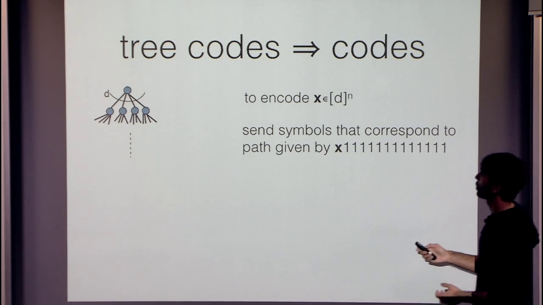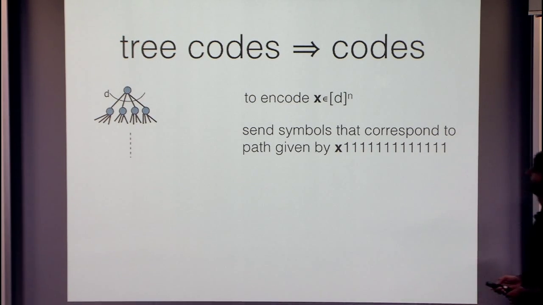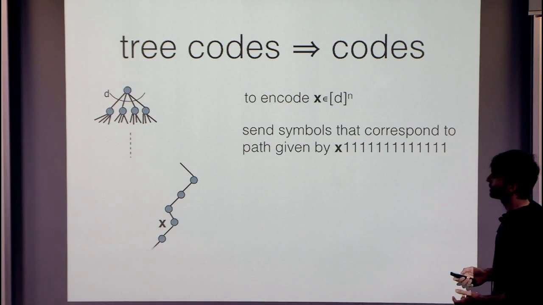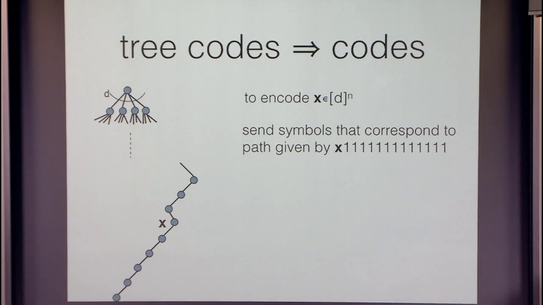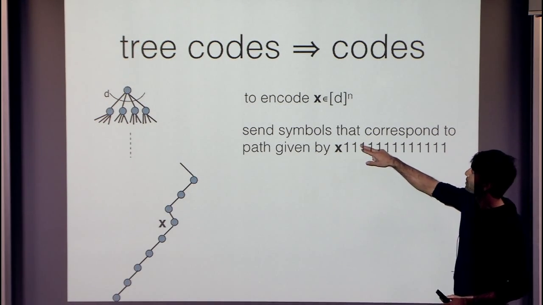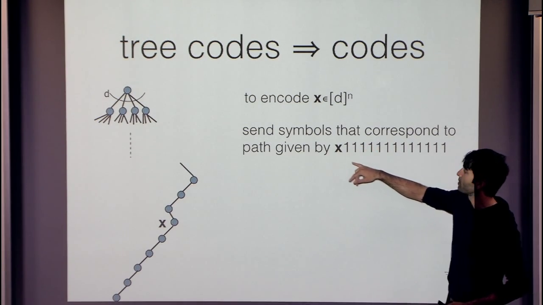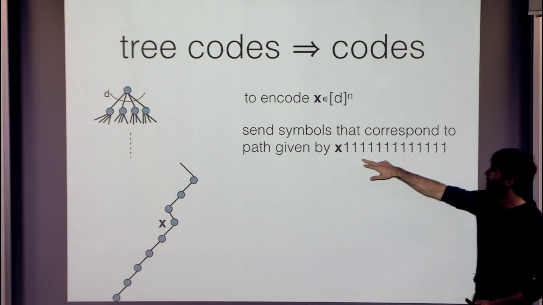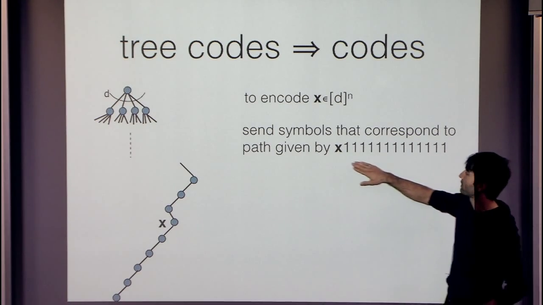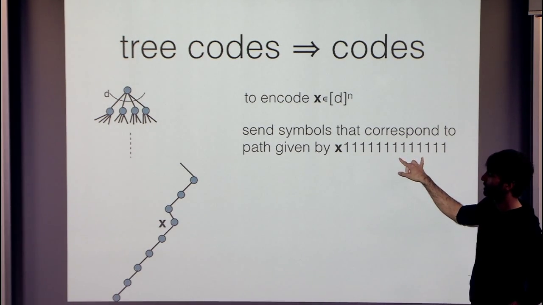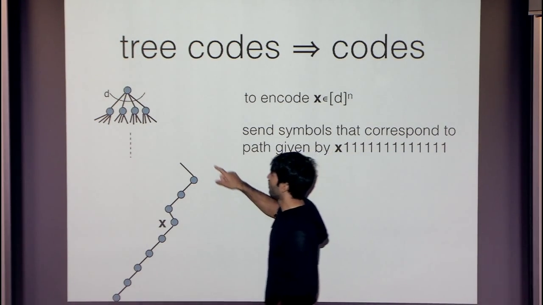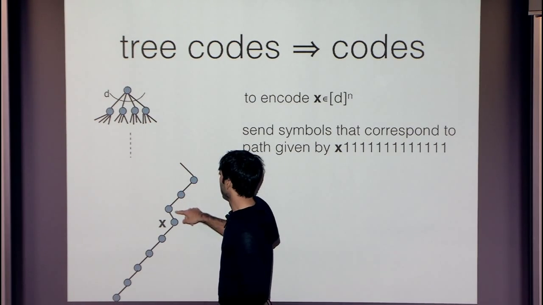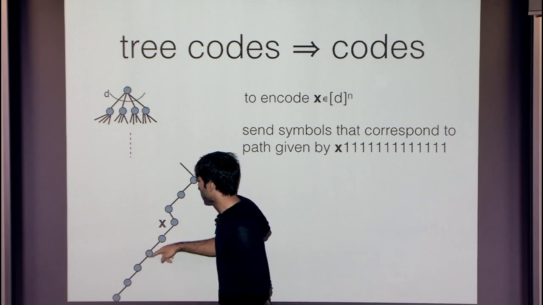Suppose you want to encode some string x that's of length n. Here's how you can encode it: send the symbols that correspond to the path that's given by x concatenated with a bunch of ones. So say you have x here and n ones. You send all the symbols up to x and then send all of these symbols too.